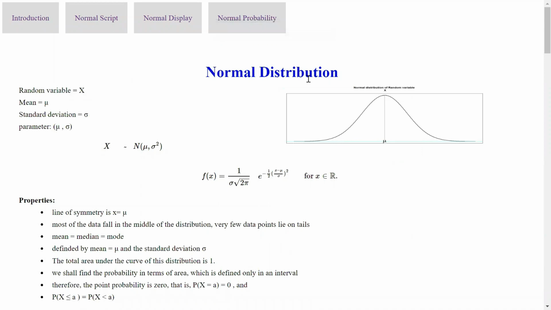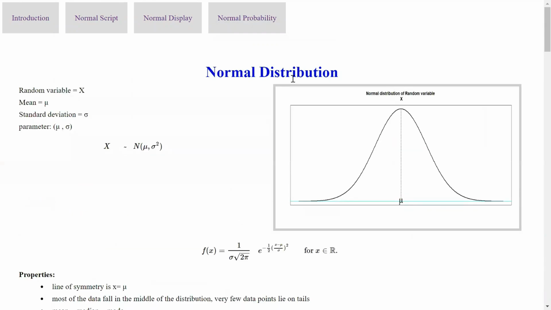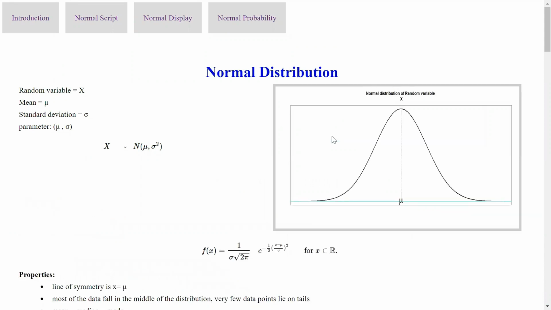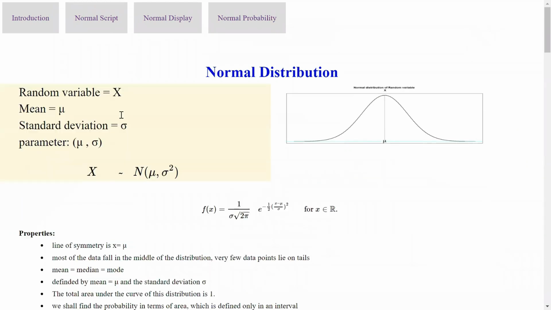Normal distribution, also known as Gaussian distribution, is a widely used probability distribution in statistics. It's a continuous probability distribution of a random variable x with mean mu and standard deviation sigma. The parameters of this distribution are mean mu and standard deviation sigma.